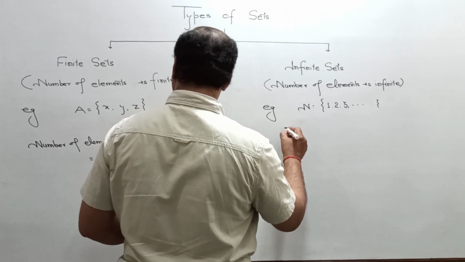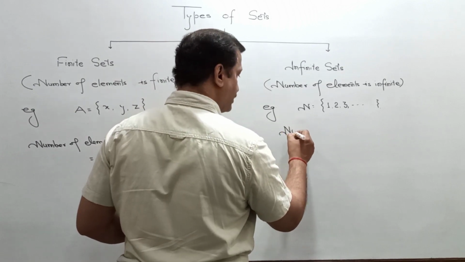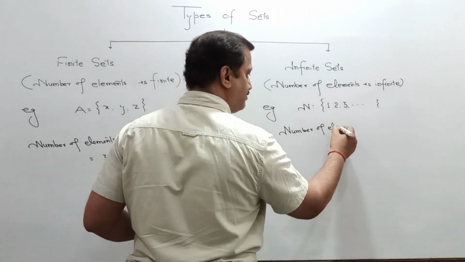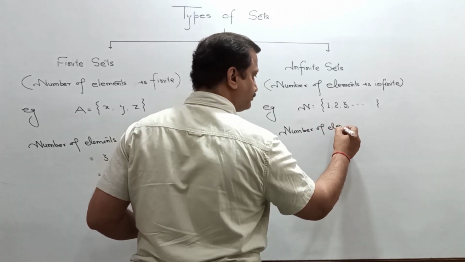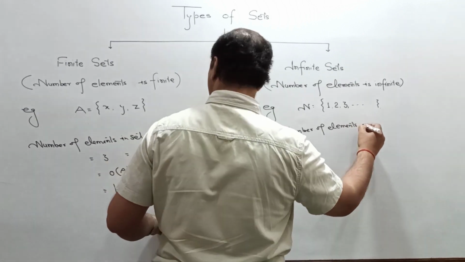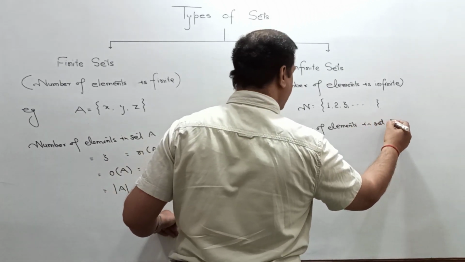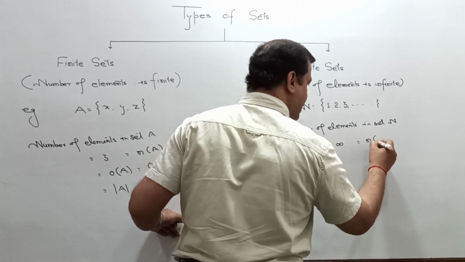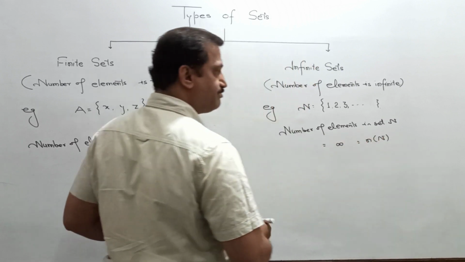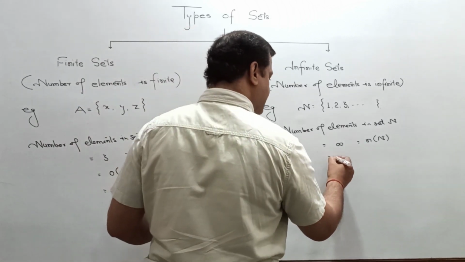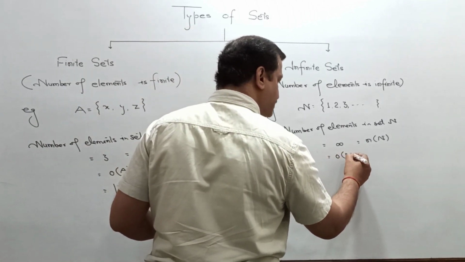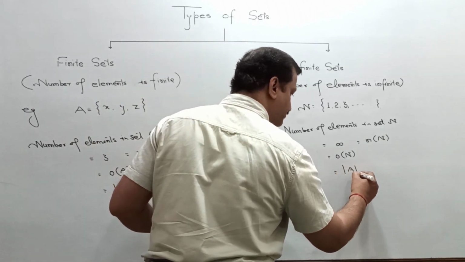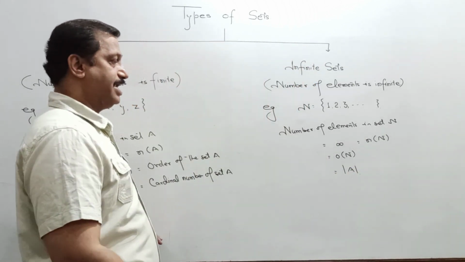Here the number of elements in set n is equal to infinite. It is equal to order of the set n is equal to cardinal number of the set n.